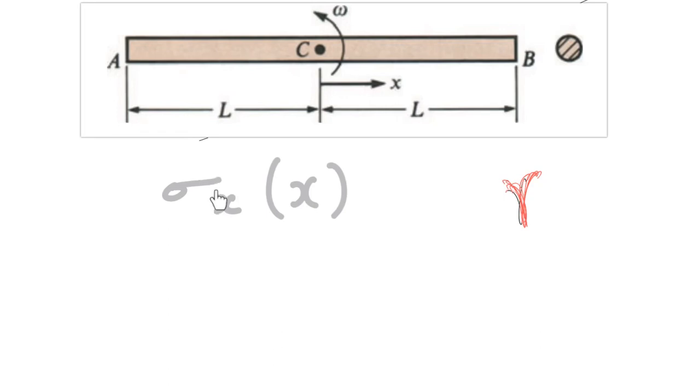For a negative value of x, the section must be somewhere here, maybe somewhere here. So I give you my x. The task in your hands is to come up with a formula or a function which will calculate the tensile stress sigma x. Make sense? So now pause the video, do it on your own.